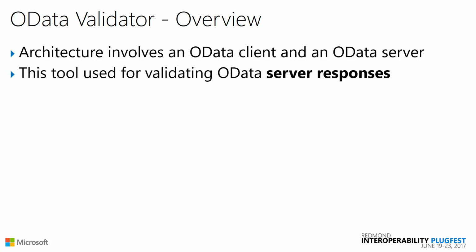All right, well, so this tool is used for validating server responses. So your client is asking for information from what we call an OData service. It's the server side of the OData setup, and the tool focuses on validating responses from the server.